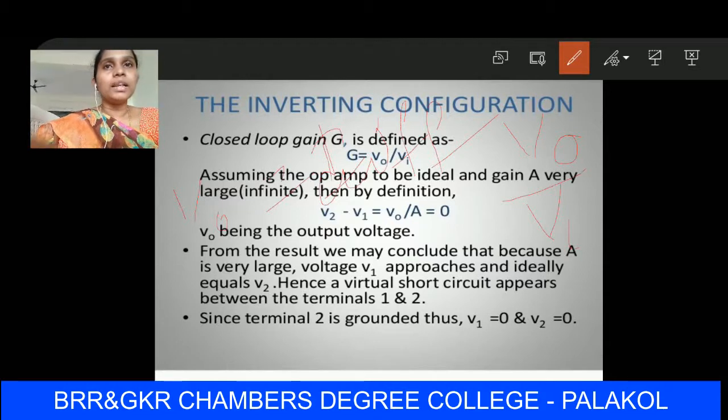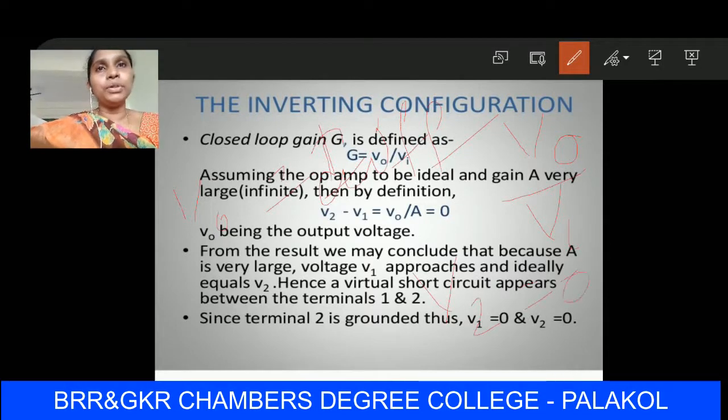Here one concept is there. That concept is called the virtual ground concept. Now what is meant by the virtual ground concept? When V2 is considered as a ground, and we are applying an input to the V1 terminal, and the current flows through V1 and V2 terminals, both are the same. That means ground is nothing but V2 is equal to 0.